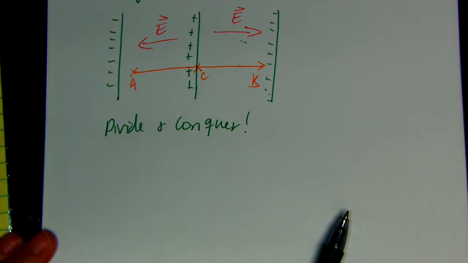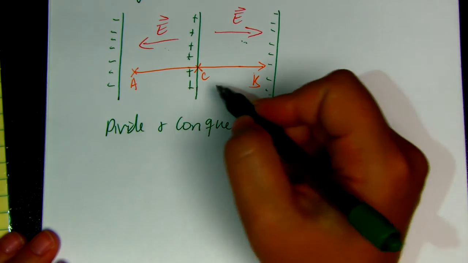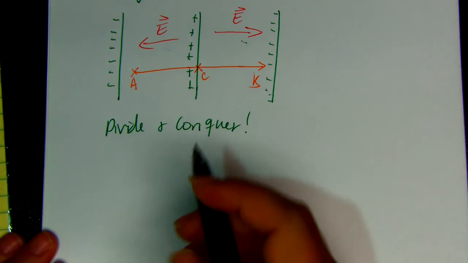We will call it point C, and now all of a sudden we've got two different displacements within the same electric field.